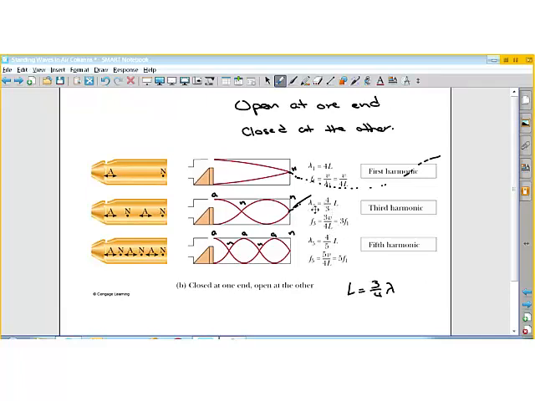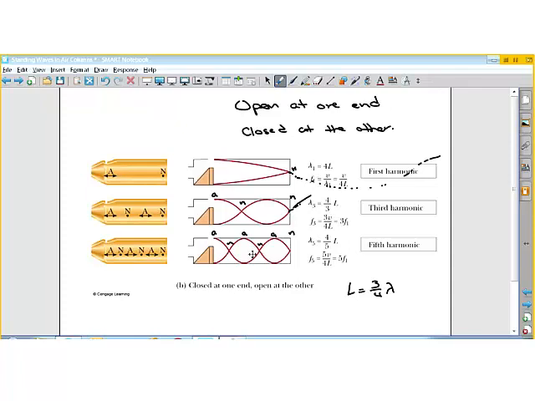Yeah. So lambda is 4/3 L. Plug that in there, and you find out that there is no second harmonic. There's a third harmonic. It's called the third harmonic because it's 3 times the fundamental or first harmonic.